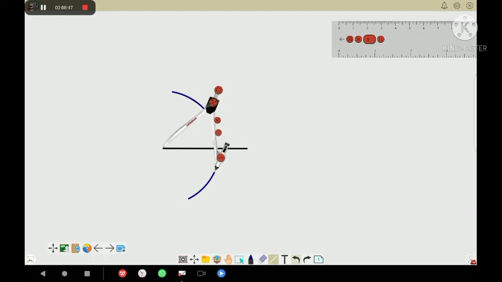First we take more than half, because the midpoint is near about here. Then we draw arcs from one end, and the same arcs from the other end.